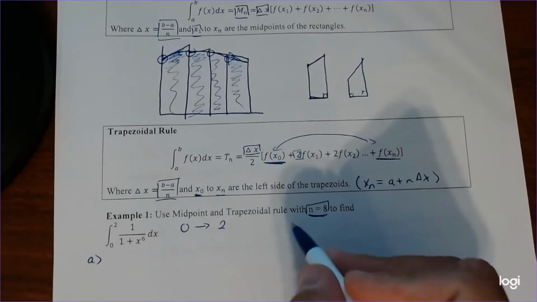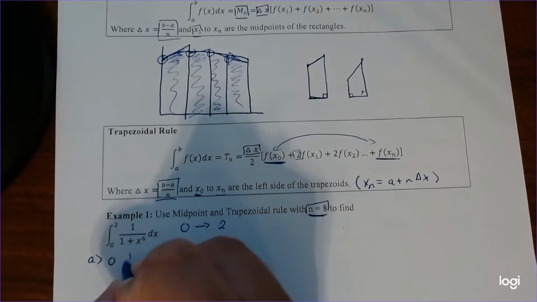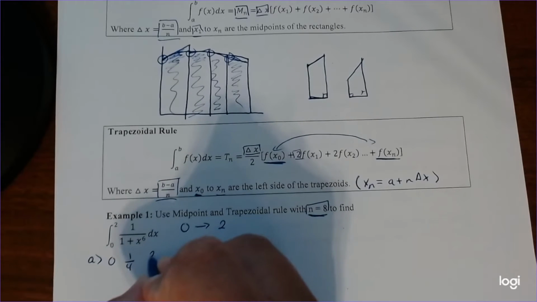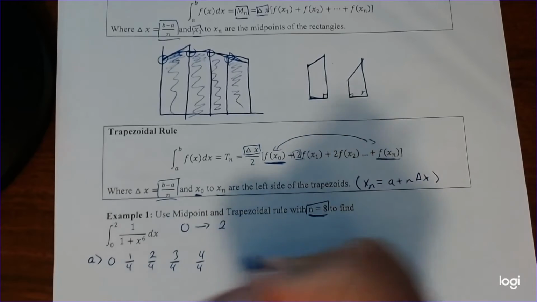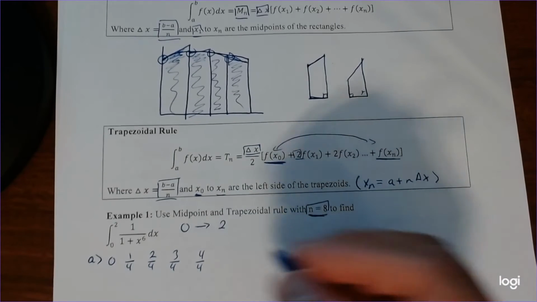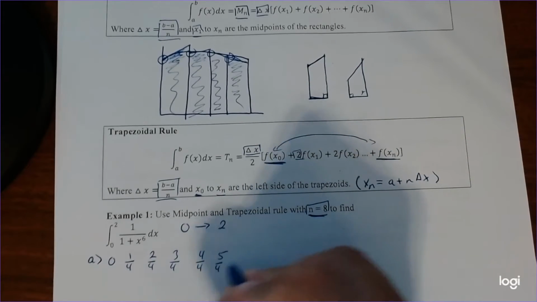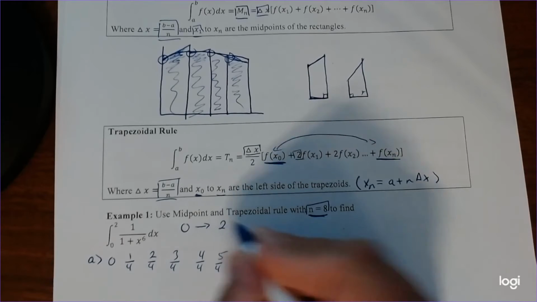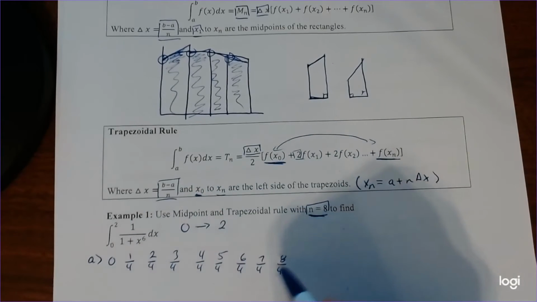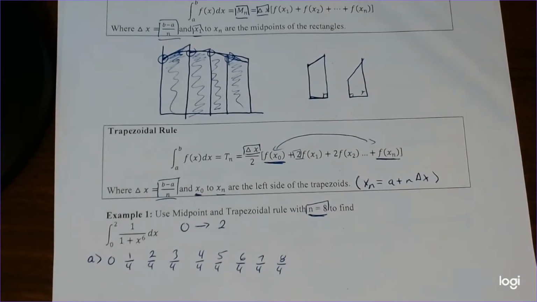So, using our midpoint formula, we go from 0, 1/4, 2/4, 3/4, all the way to 2 itself. We go from 0 to 2, broken up into 8 rectangles.